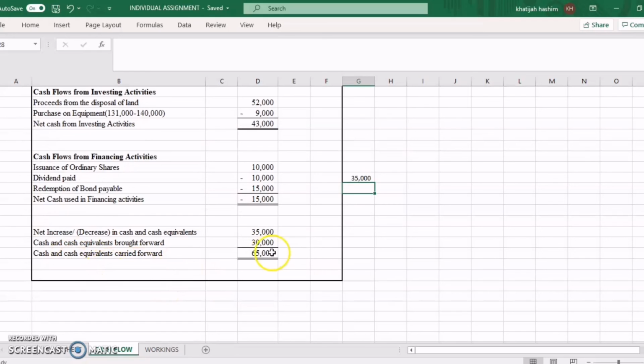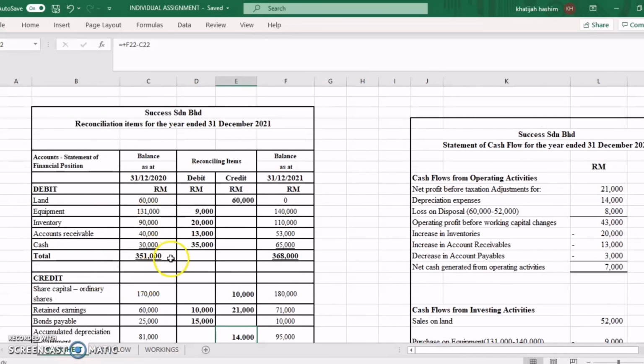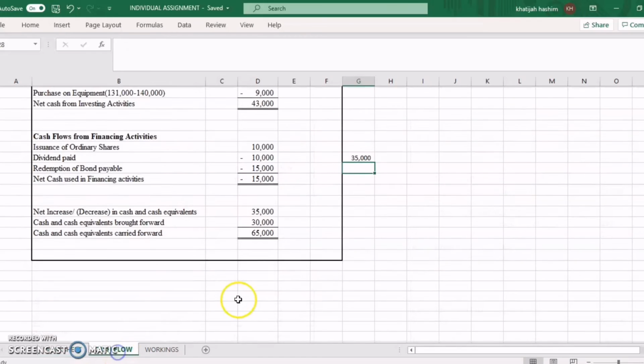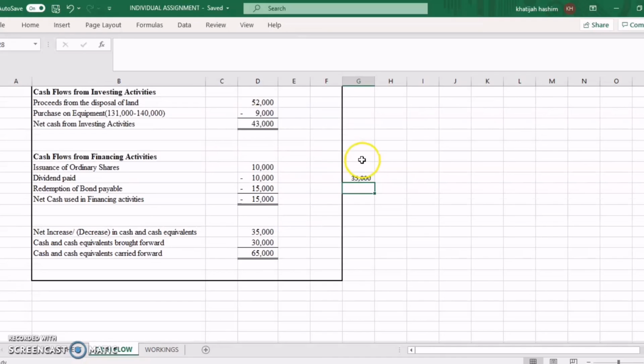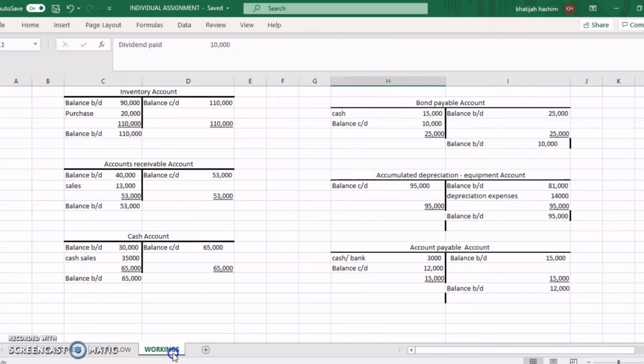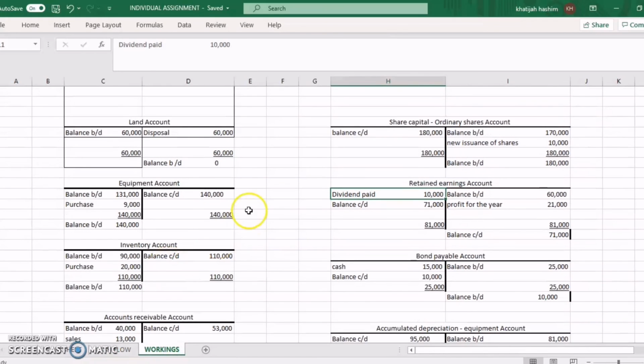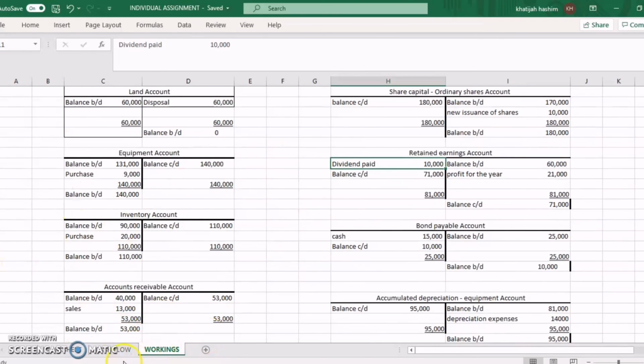For the brought forward and carried forward, the beginning balance is 30,000 and the ending balance is 60,000, so the net increase is 35,000. I have also attached the working for your review, as your reference. Thank you.